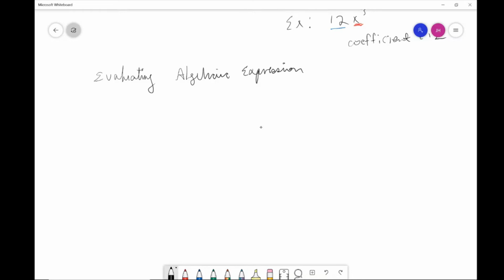Let's say I give you an algebraic expression, for example, number 1: 4x plus 2y, okay? And I tell you to evaluate it by letting x equal to 3, let y equal to 5, something like that.